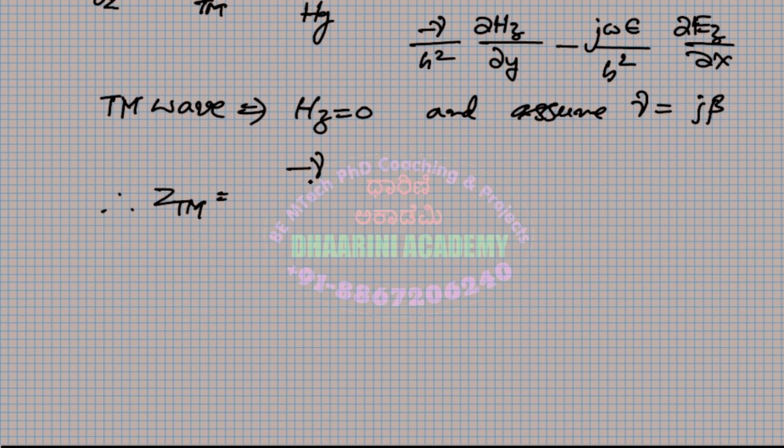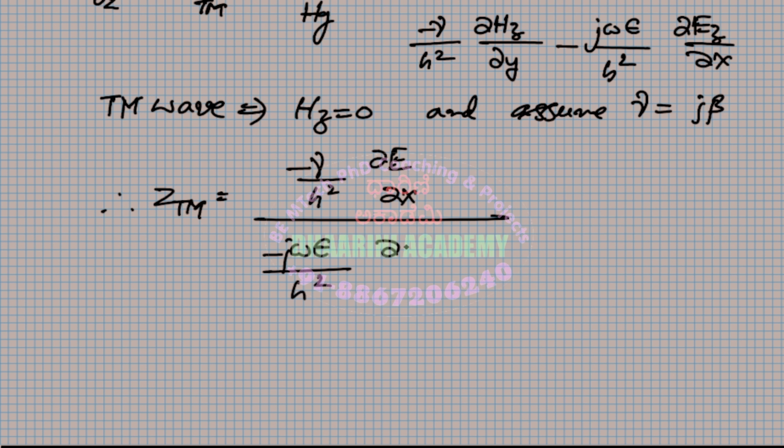the first part will exist over there, so that is minus gamma divided by h square, dou Ez divided by dou x, whole divided by minus j omega epsilon divided by h square into dou Ez by dou x. The dou Ez by dou x will cancel in the numerator as well as the denominator. The minus cancels with this minus.